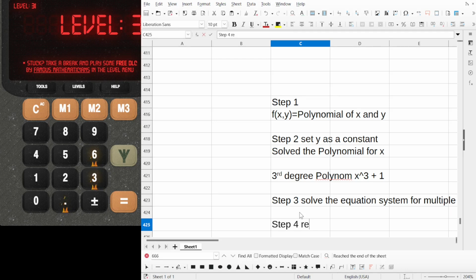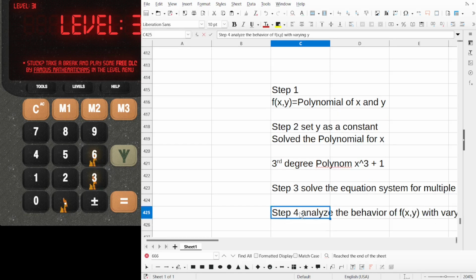We analyzed the behavior of f of x, y with varying y, and this resulted in behavior symmetric to the behavior of x.